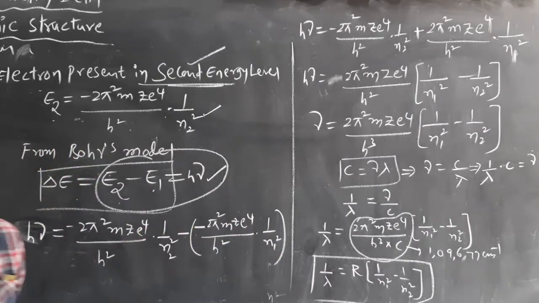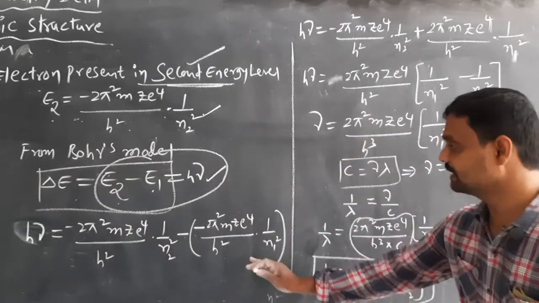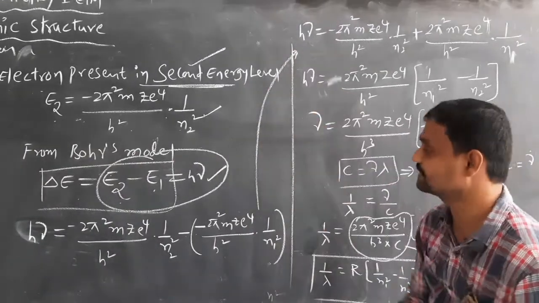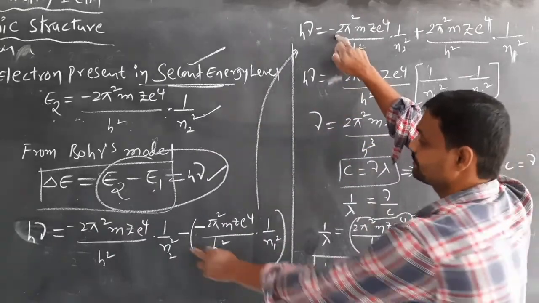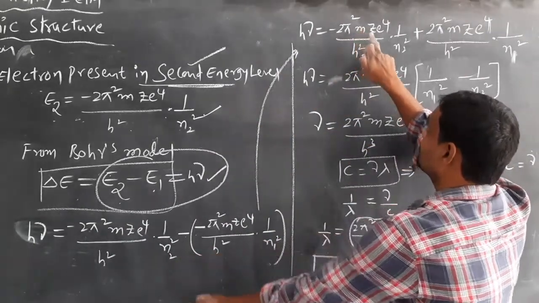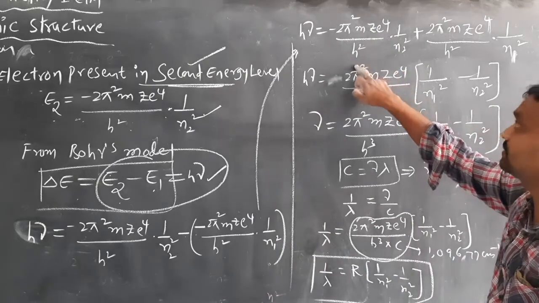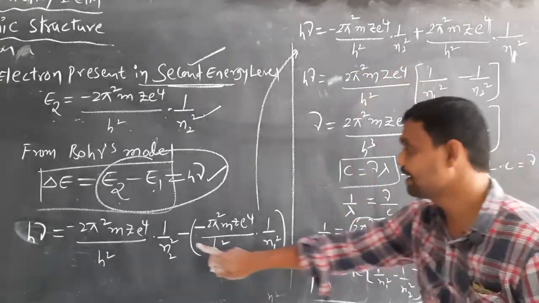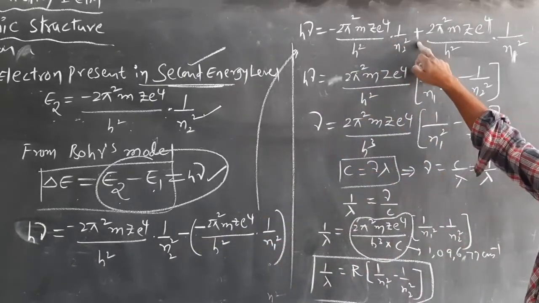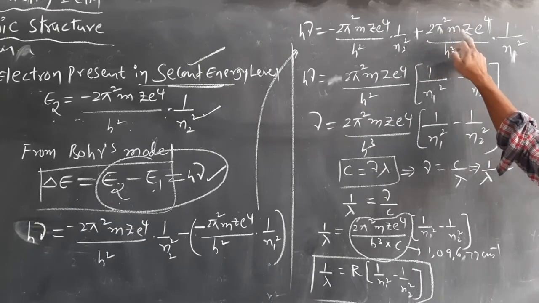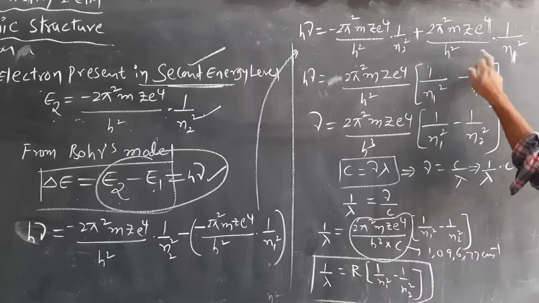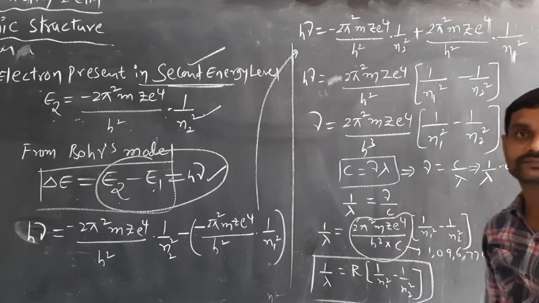So minus of minus becomes plus. Then the equation is converted to h nu is equal to minus 2 pi square m Z e power 4 by h square into 1 by n2 square, plus, the remaining is the same, 2 pi square m Z e power 4 by h square into 1 by n1 square.